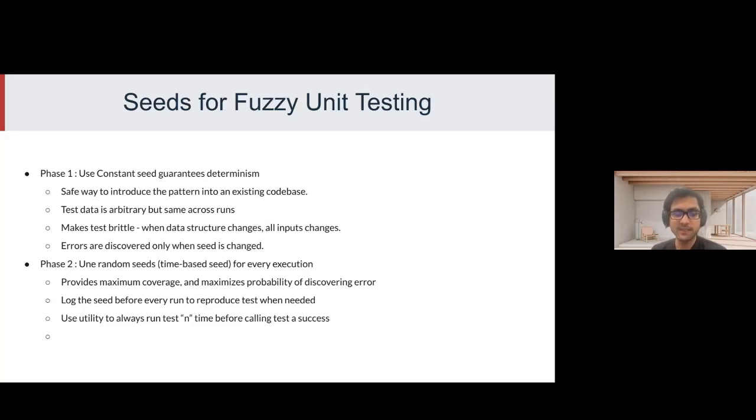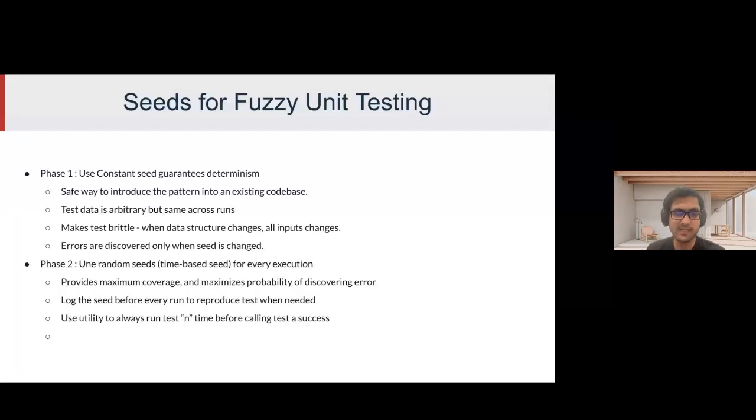Typically, fuzzy testing works when you really want to maximize the possibility of discovering all corner cases. You typically run your test n number of times, and only declare your system under test as pass or success only when all the n number of runs succeed.